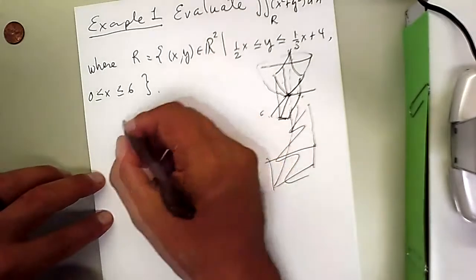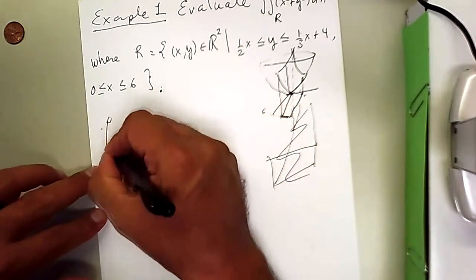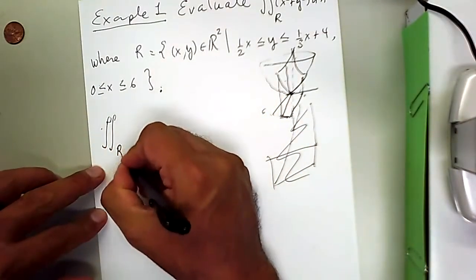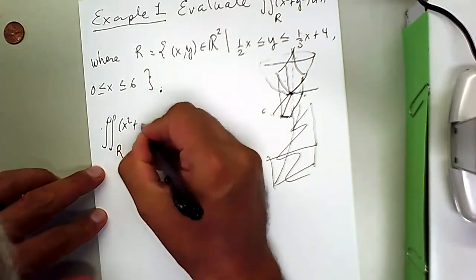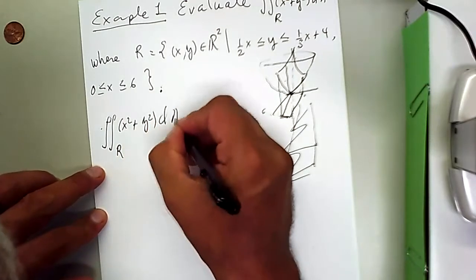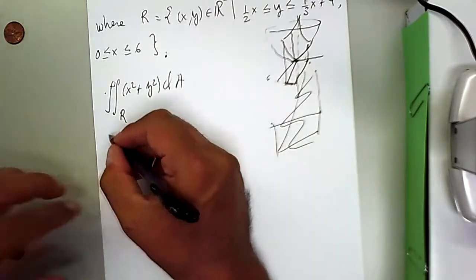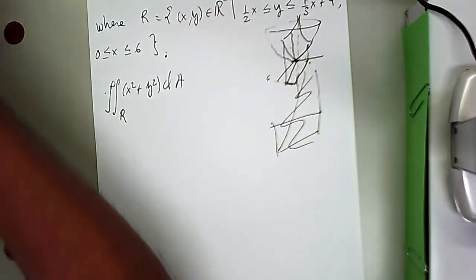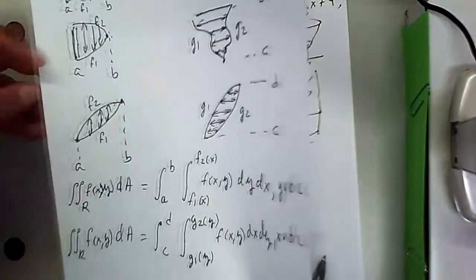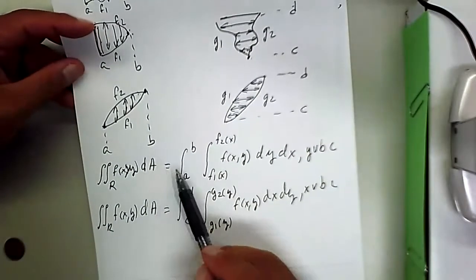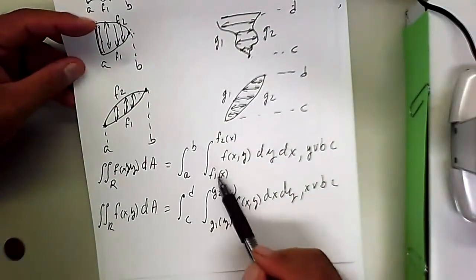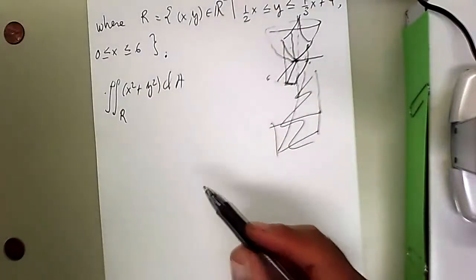Okay, so what we want to do is find the double integral of x squared plus y squared dA. As I mentioned on the previous sheet, we're going to go from 0 to 6, and the two functions.